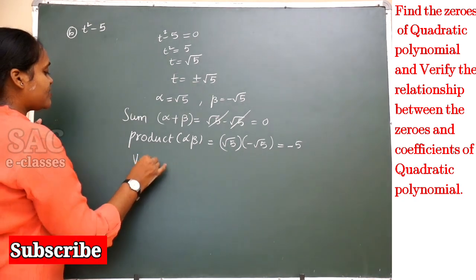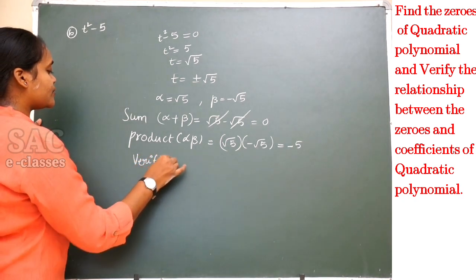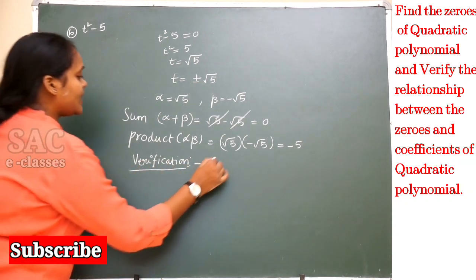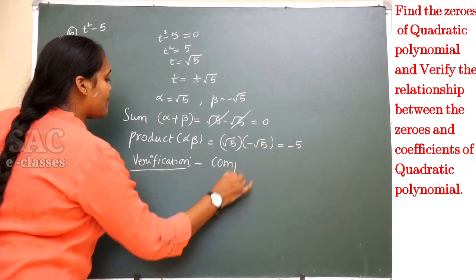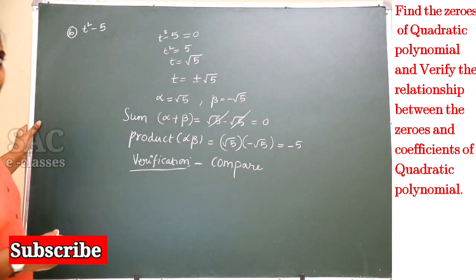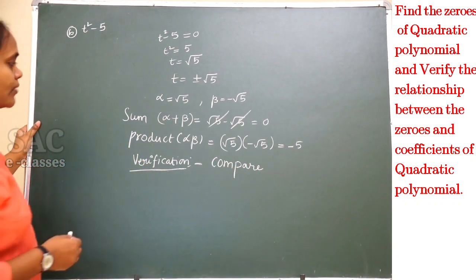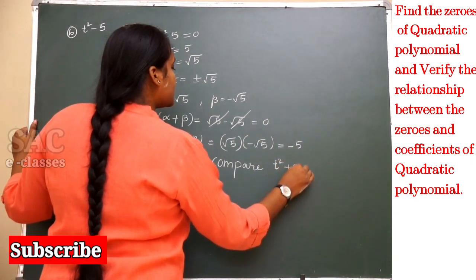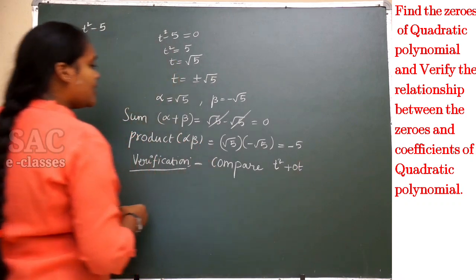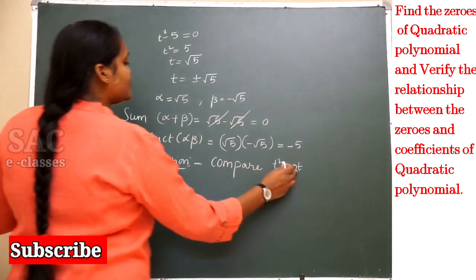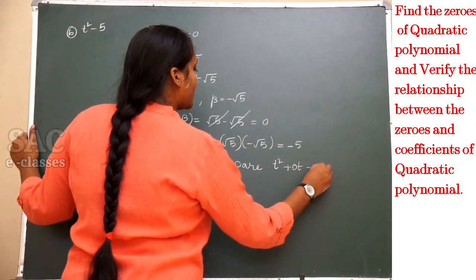Now the problem is not completed. They are asking you to check the relationship. So for checking the relationship, what do we have to do? We have to compare our given equation with the general form of a quadratic polynomial. So compare: you can write t square, and since the t term is missing, that is, the linear term is missing, you have to write it as t square plus 0t minus 5.